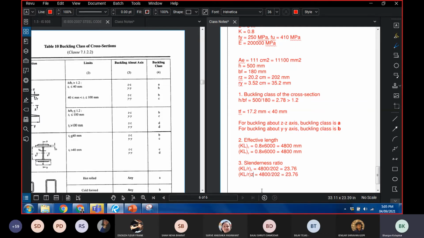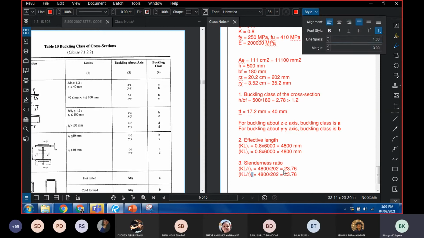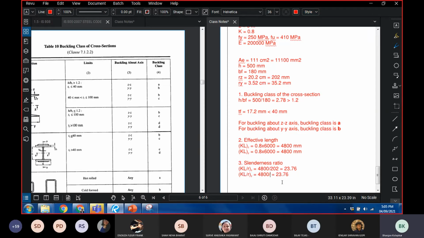KL upon R for the y-axis is equal to 4800 divided by RY, which is 35.2. 135.21.